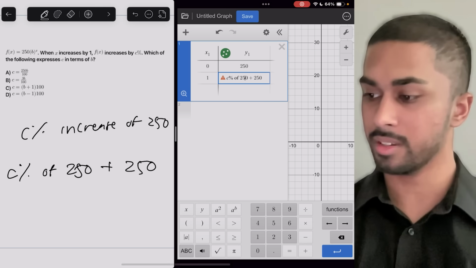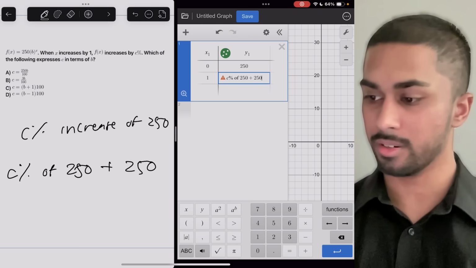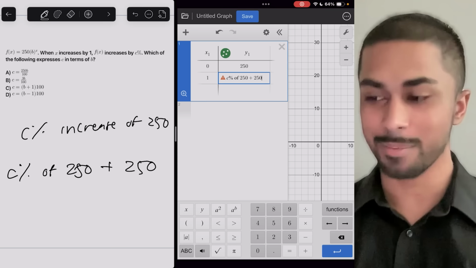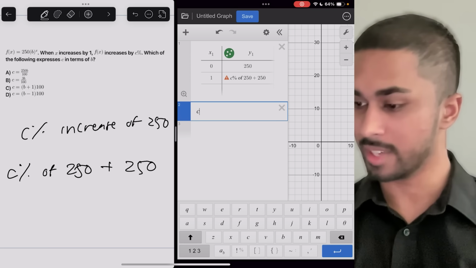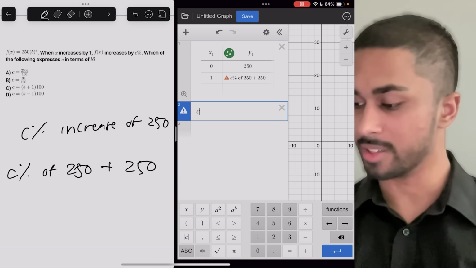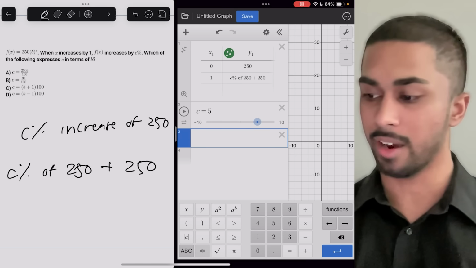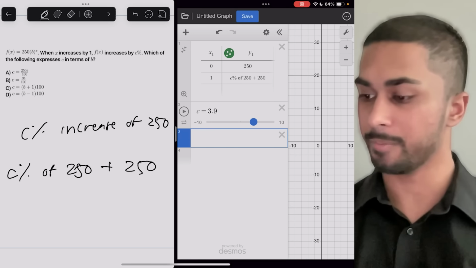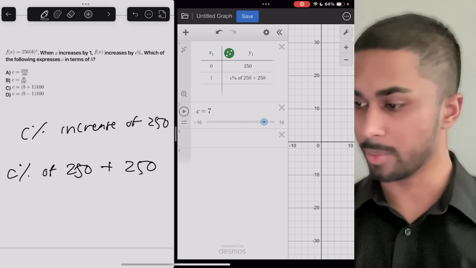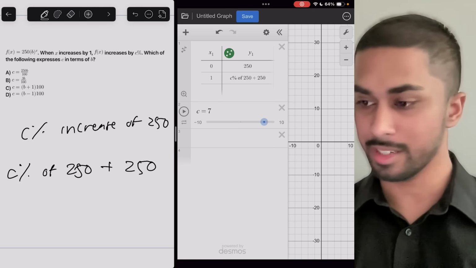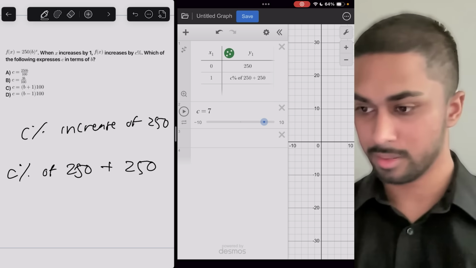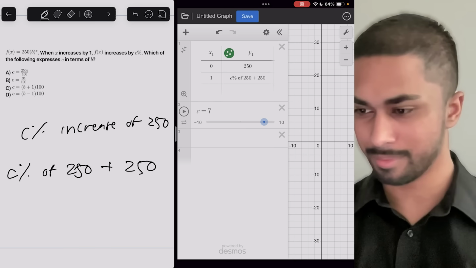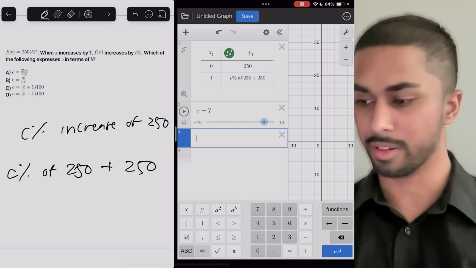So this line right here is a C% increase of 250. Just add a slider for C by typing C equals 5, and then if you click out, it just gives you a slider. Okay, perfect. You can set C to anything because it doesn't say it has to be a positive anything.